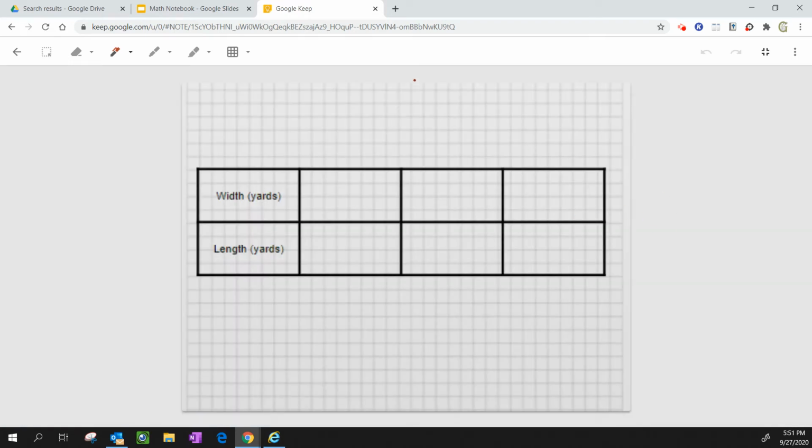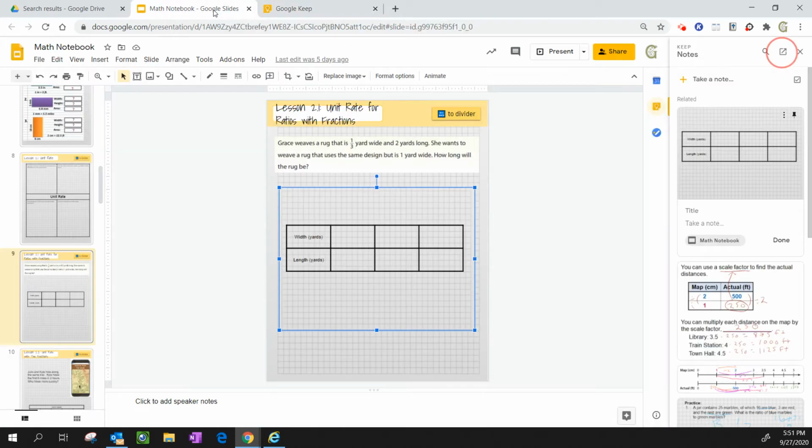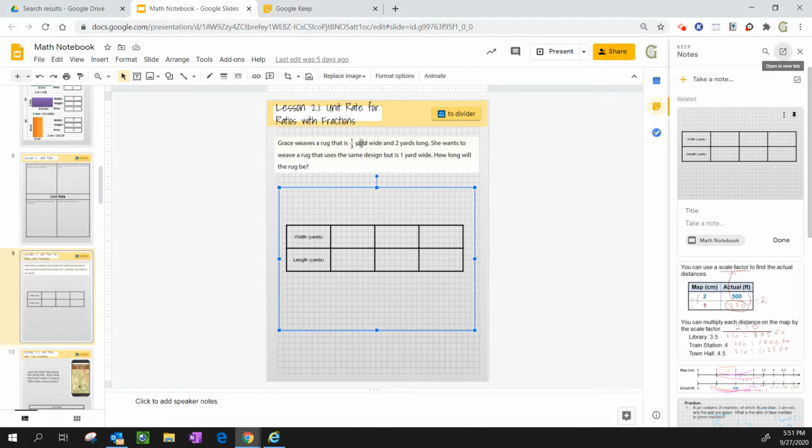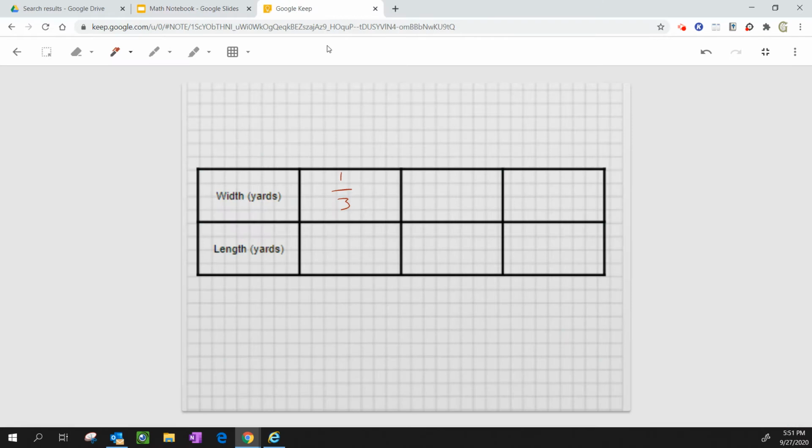And here we go. The problem said that Grace weaves a rug that is 1/3 yard wide and 2 yards long. So the width, that's wide, would be 1/3, and the length would be 2 yards. Ultimately we want to get to 1 whole.